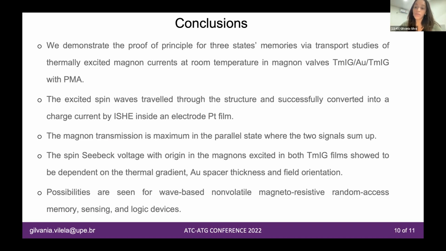The second part was to show that we can effectively excite spin waves in these structures, and that on top of the structure, on this spin sensor, the platinum film, the signal that arrives there depends on the relative orientation of the two magnetic insulating films. And we did this. We hope to keep moving forward and give contributions to apply these systems in wave-based computing devices.